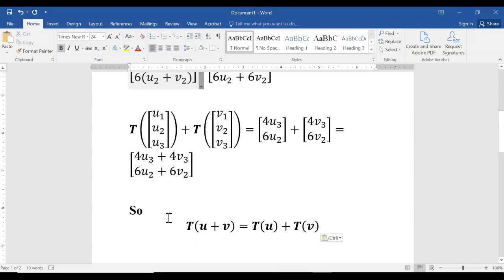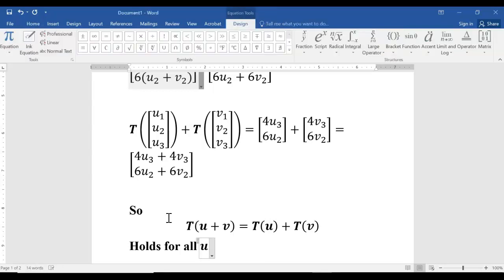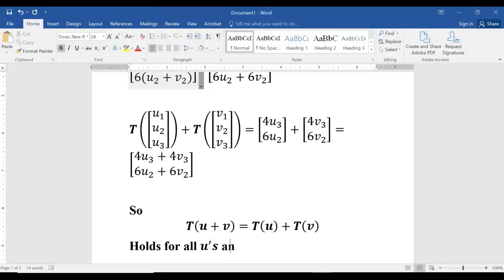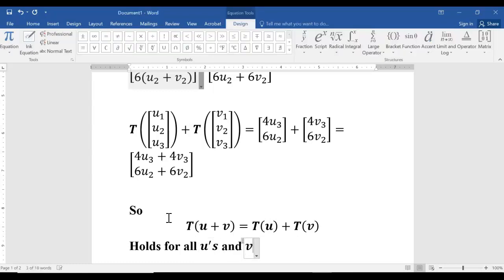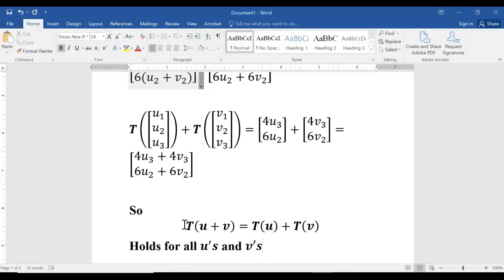So this holds for all u's and v's. Oh, I bolded that, but that's okay.